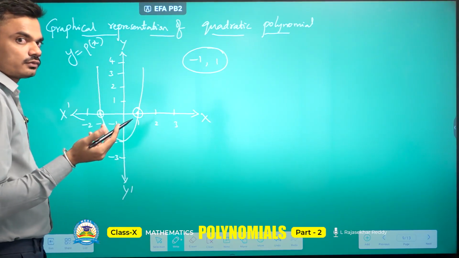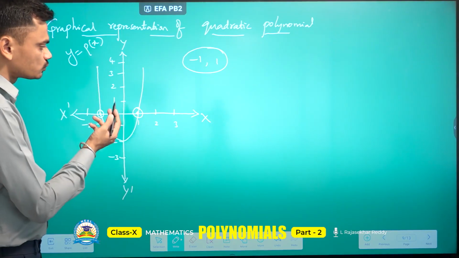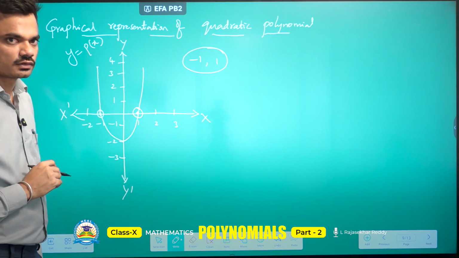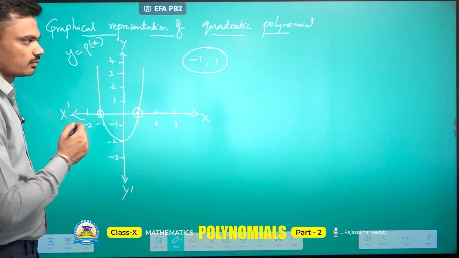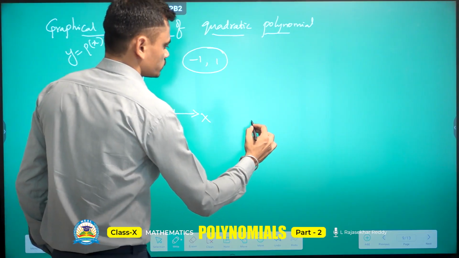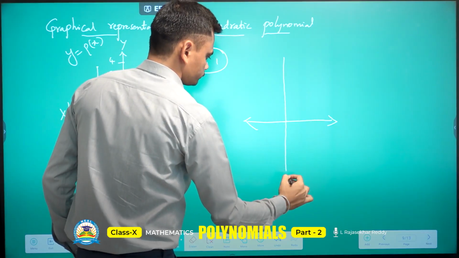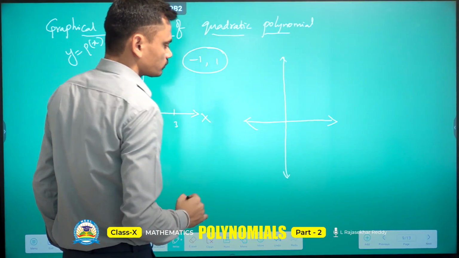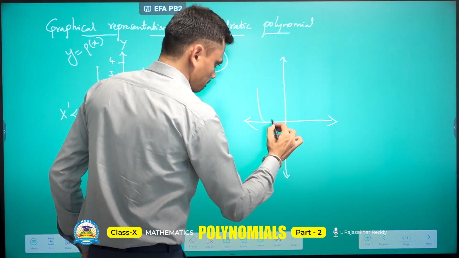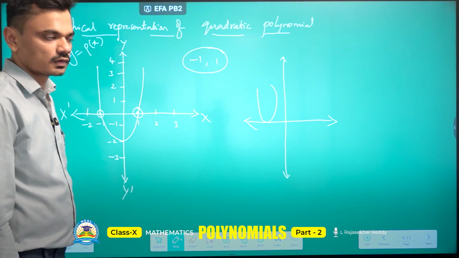So without doing factorization method or completing square method or quadratic formula method, direct through the graph we can get minus 1 and plus 1. These are the zeros of quadratic polynomial or parabola. Suppose like this, one parabola came after drawing the graph.